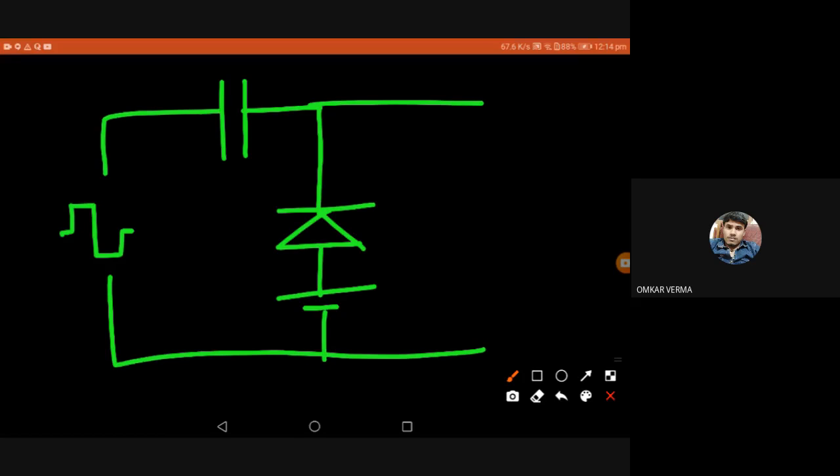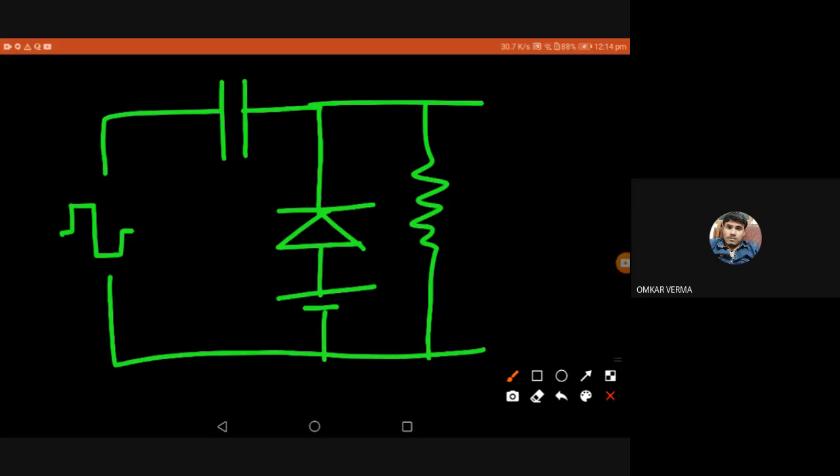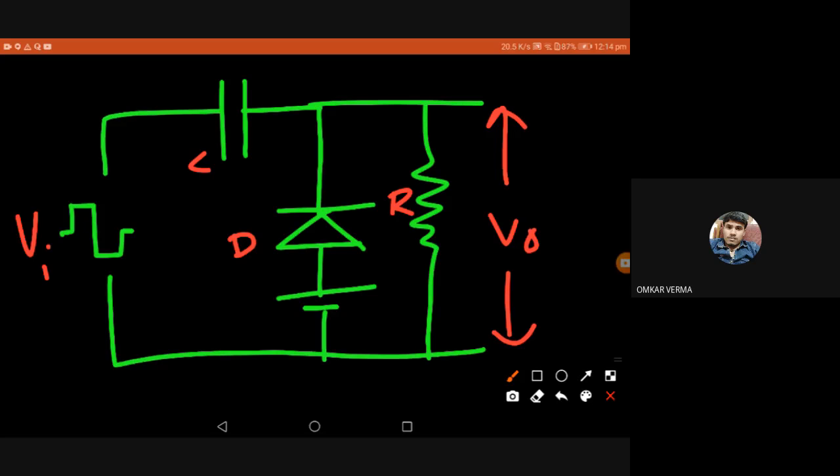In parallel I keep a resistance so that I get an output here. So this is V in, the capacitor, the diode, and V output across the resistance R, and this is VB, the bias voltage, with plus and minus.